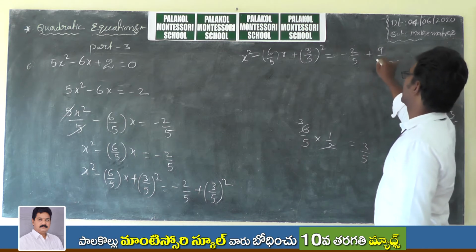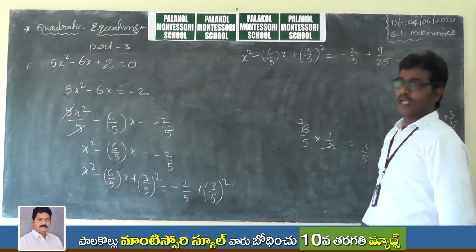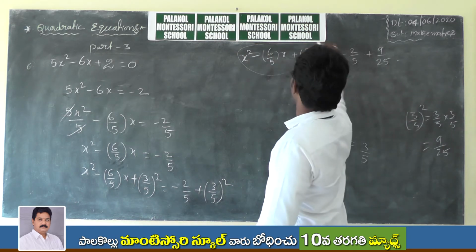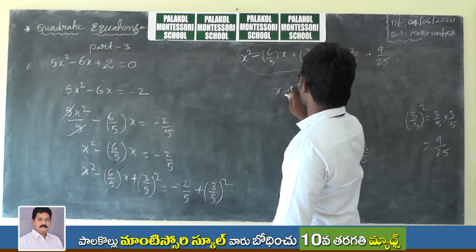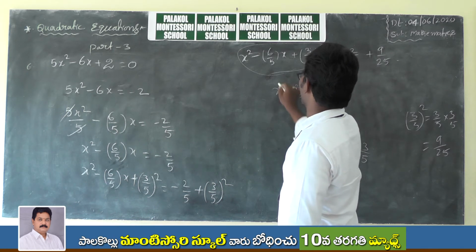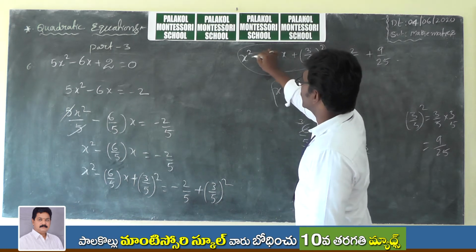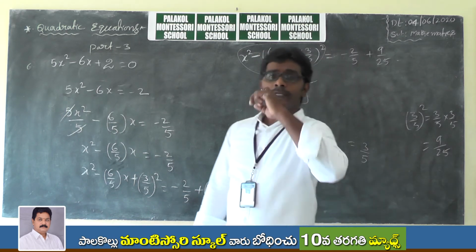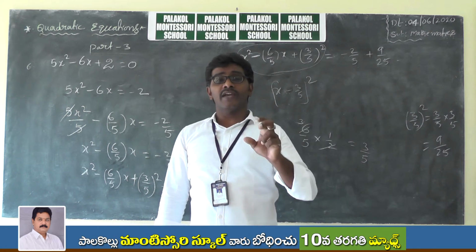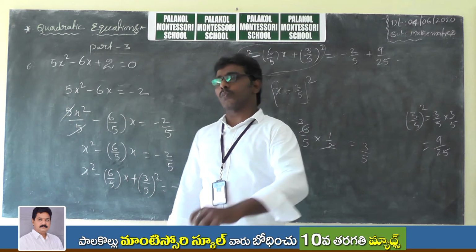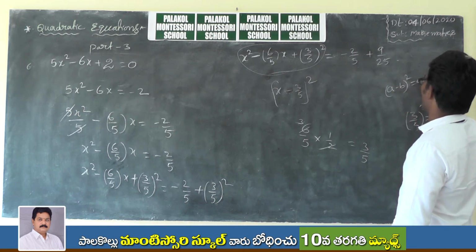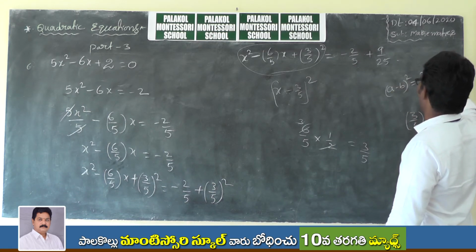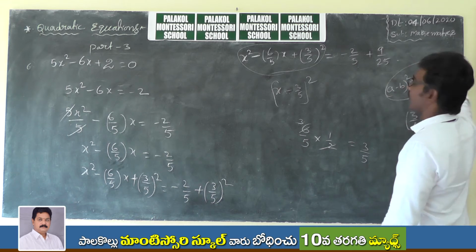In the LHS part, you simply form (x minus 3 by 5) whole square. Why? Because the negative sign shows the algebraic identity (a minus b) whole square, which means a square minus 2ab plus b square.